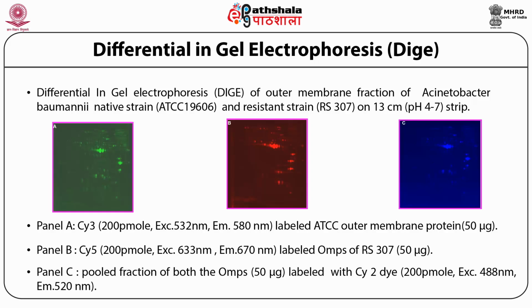Panel A is showing Cy3 labeling with ATCC outer membrane proteins. Panel B is showing Cy5 labeling with outer membrane proteins of the resistant bacteria. Panel C shows the pooled fraction of both outer membrane proteins labeled with Cy2 dye.